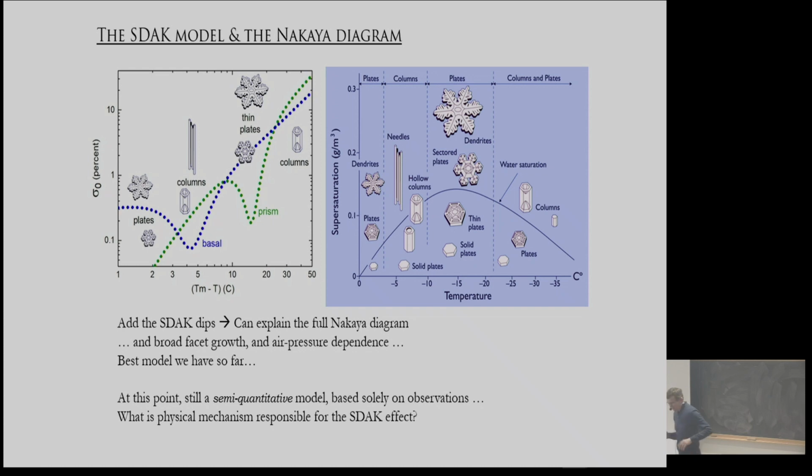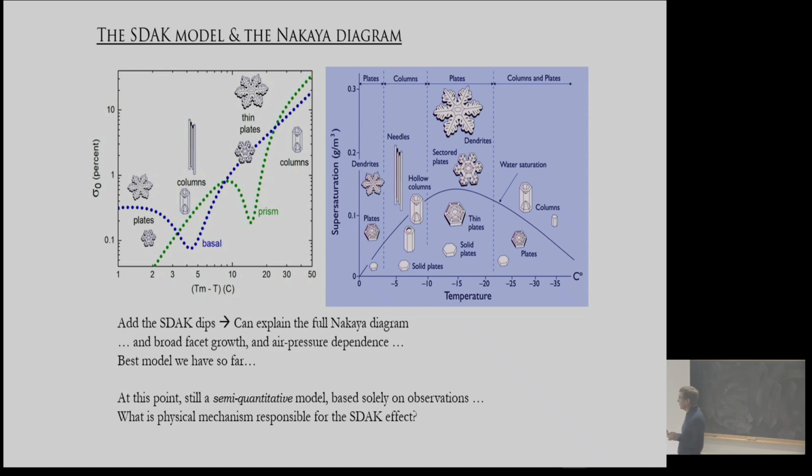So what we did is we put in a relatively simple hypothesis, complicated enough, and then we followed it through, and we got a crazy amount of complexity out. And just beautifully, the crazy amount of complexity we got out fits the Nakaya diagram, and it agrees with all the data we have.